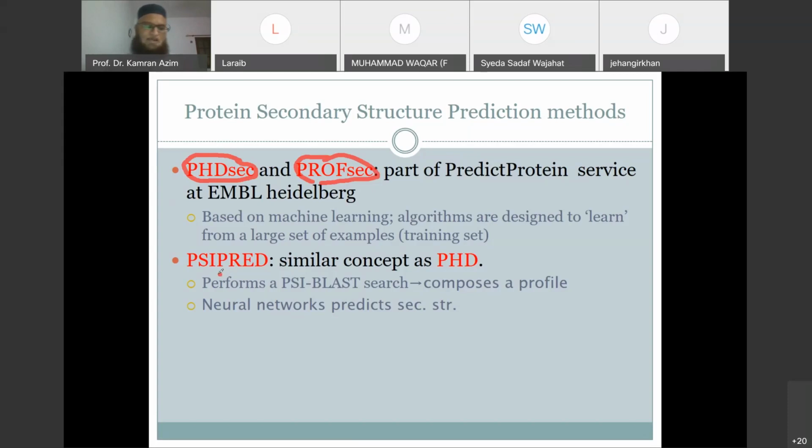And there is another program called PSIPred, which is similar to the PhD program. The PhD SEC or ProfSec programs are based on a machine learning approach, and the PSIPred program is based on a neural network prediction method. So these programs are protein secondary structure prediction programs.